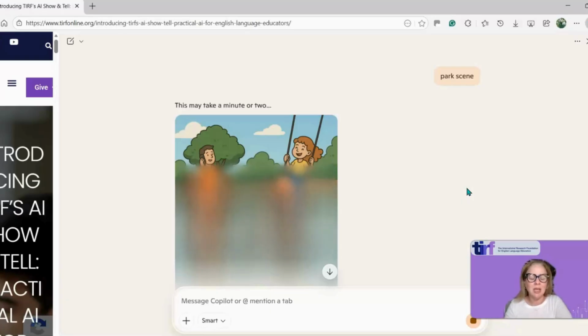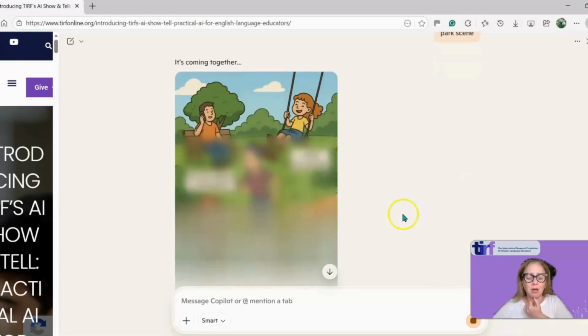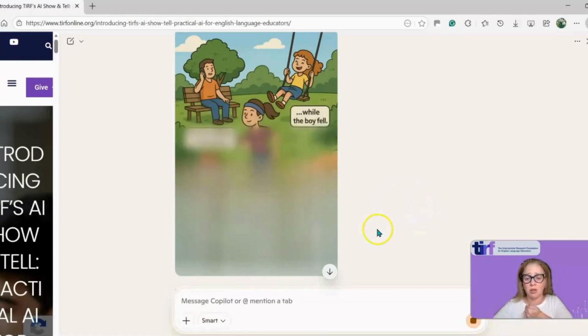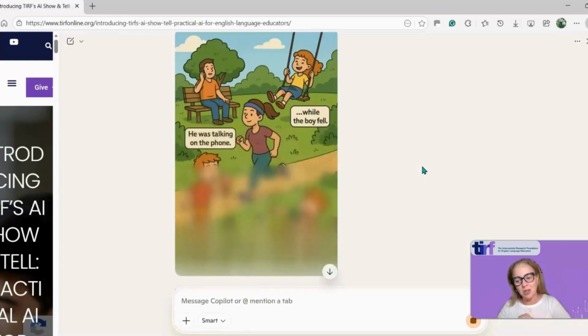Let's see if it will include language for us and if it can show us what I was telling you about making mistakes. You see, even though I have the subscription of Microsoft 365, it takes a little minute to create pictures. By the way, creating pictures is something that consumes lots of energy, so it's not something that we should be playing a lot with. We should use AI responsibly and consciously in all senses.